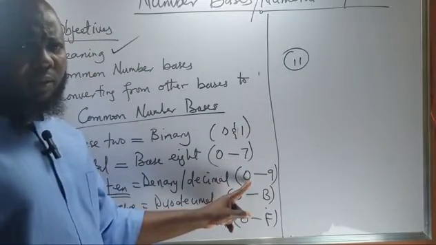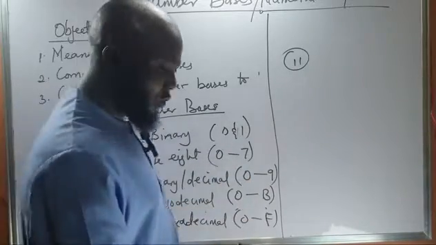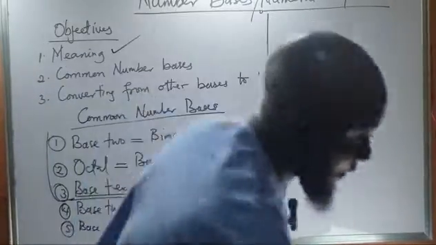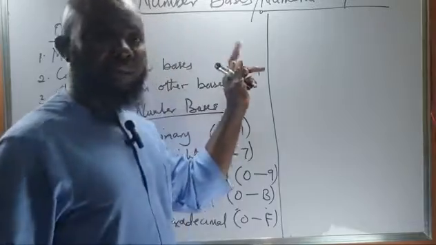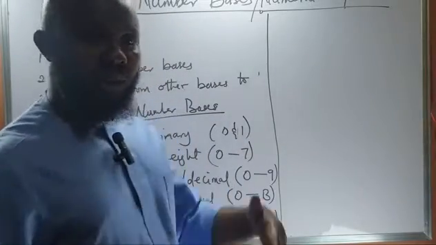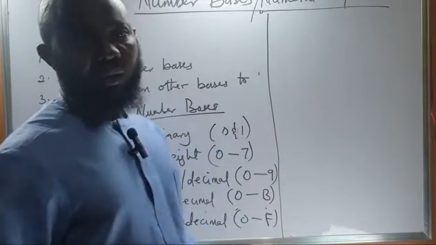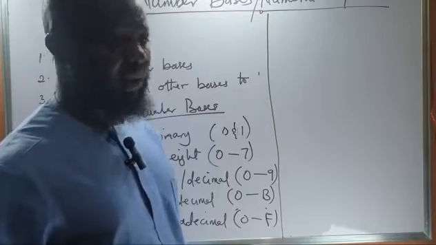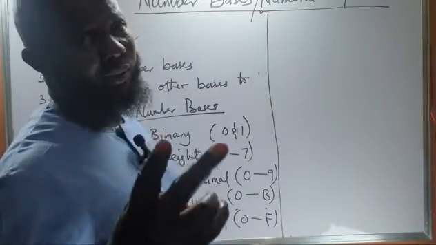I hope I'm making sense. So in that case, we will now use letters. That's why when I was defining number bases, I said it is the way of writing or representing numbers using digits and symbols or letters. So here we're going to be making use of letters to represent 2-digit numbers.